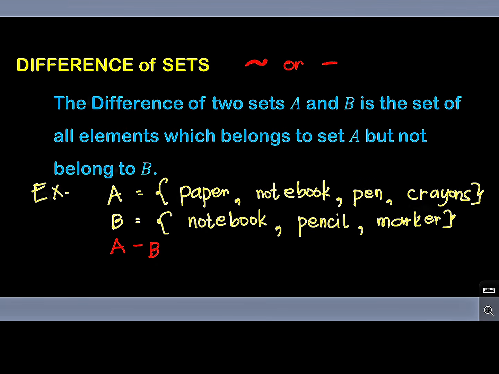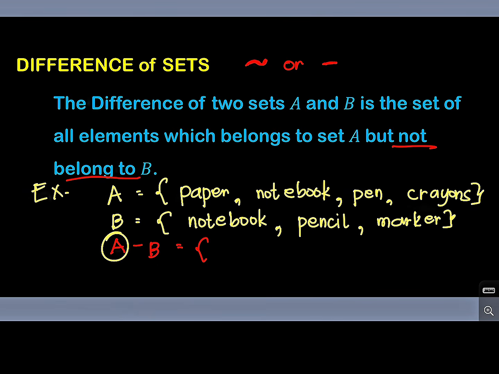Here, for difference of set, always remember, if we are in A difference B, it's just like doing the basic from the complement. We need to pair those elements that are the same. We have notebook, so we will pair.